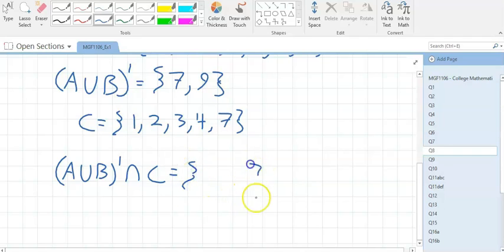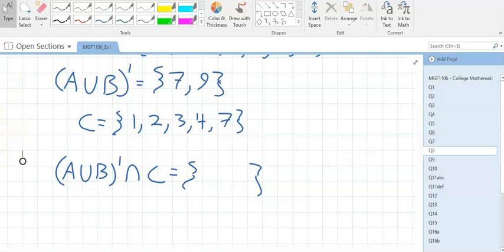What is it that these two sets have in common, if anything? 7. There's your answer. That's all you're going to put inside your brackets or braces. You're going to put 7 because that's the only thing they have in common. Cool beans? All right.